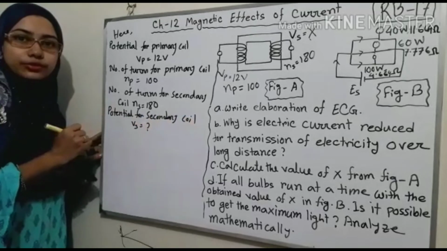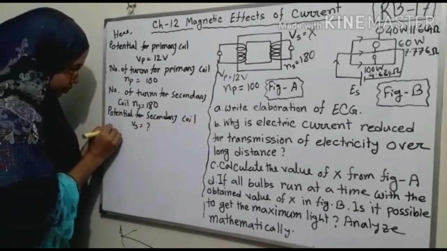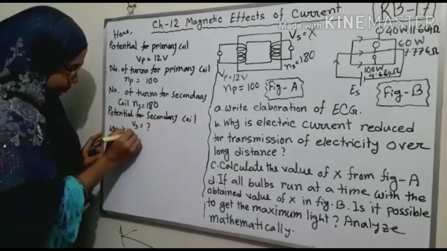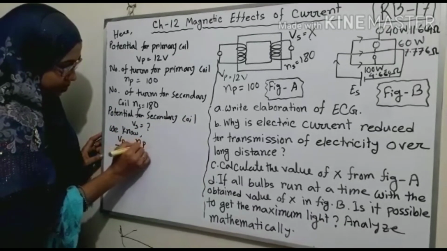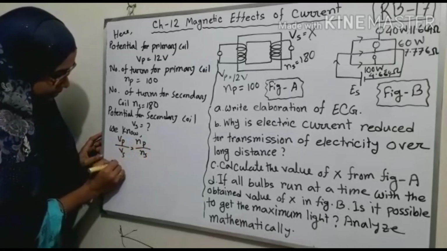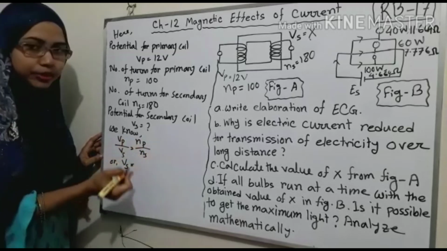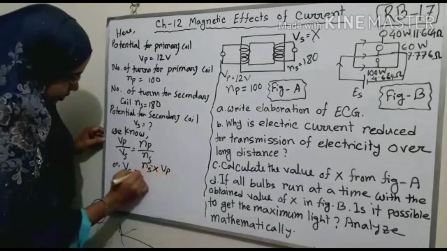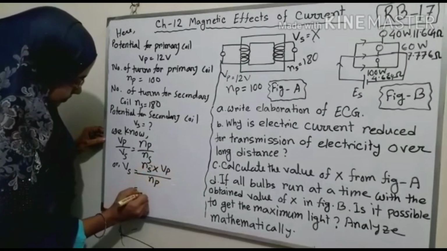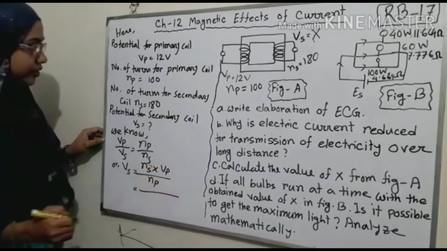So we have to write the formula at first. So we know Vp by Vs equals to Np by Ns. As we have to find out Vs, I'm keeping this on the left side. So Vs equals Vp times Ns divided by Np. I'm putting all those values here.